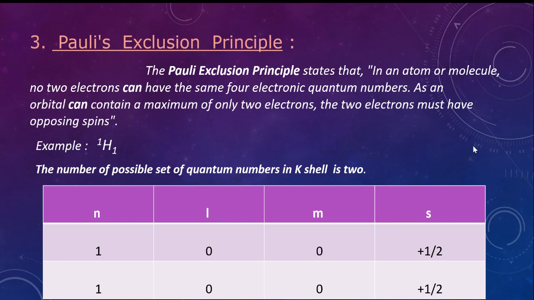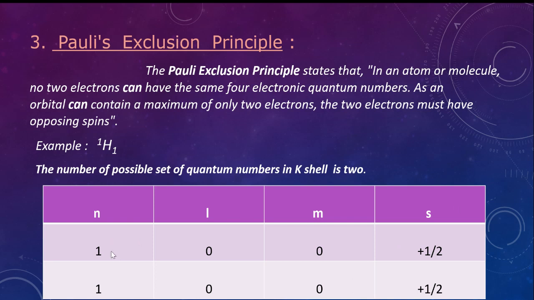Okay, so here I will take the example of hydrogen. There are two electrons, and for this pair of electrons, n is the same because both electrons are present in the first orbital.